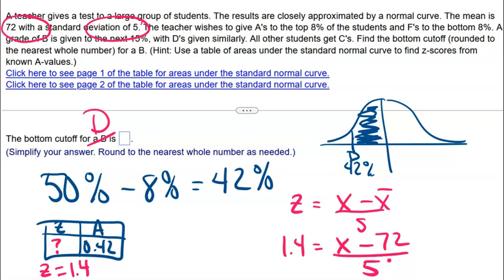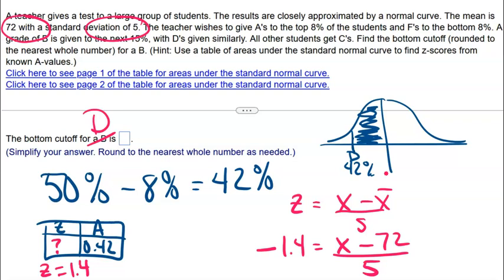Okay. Now, does that negative matter in this case? Well, it doesn't when you're looking up the table, but doesn't it when you're doing the calculation? Yes, it does, because we are below the mean. So if I said that it doesn't matter, I lied to you. It matters when you're doing this calculation. It does not matter when you're looking it up on the table.